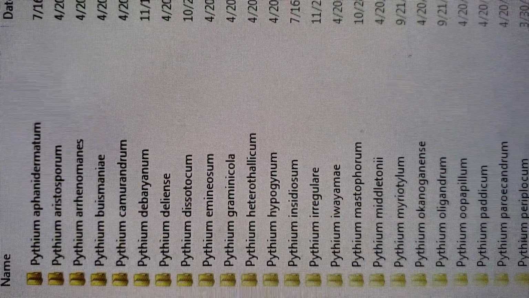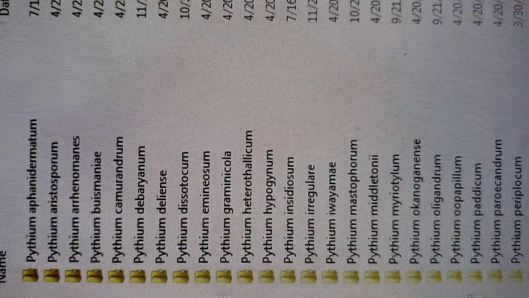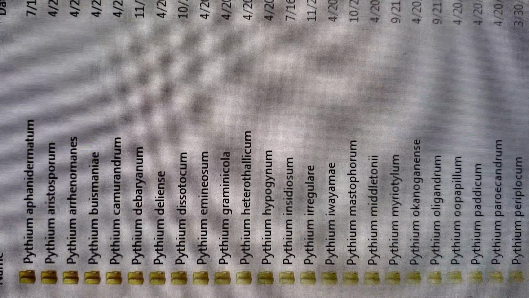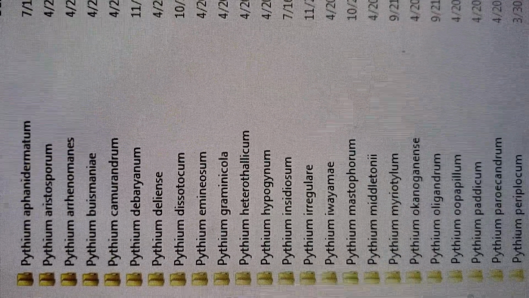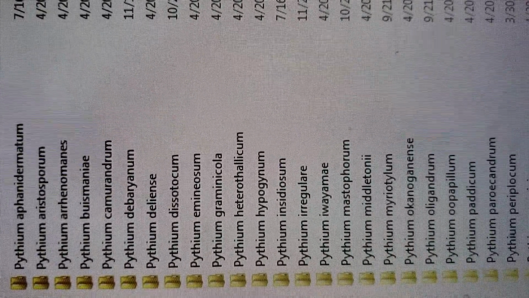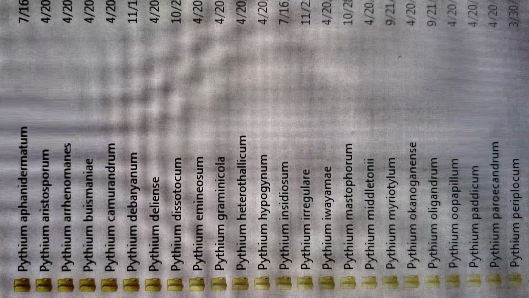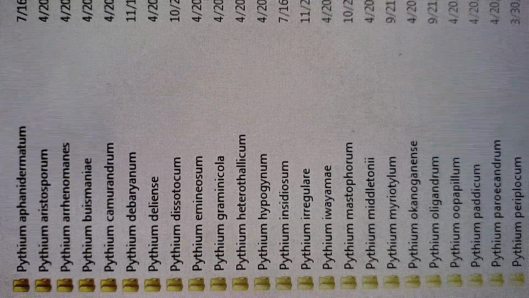So the problem that you end up with is that you've got multiple different infections that can look very similar, but you don't know exactly what the species is. A small sample of some of the many Pythium species out there: Aphanidermatum, Aristosporum, Arrhenomanes, Buismaniae, Camarandrum, Debaryanum, Deliense, Dissotocum, Graminicola, Heterothallicum, Hypogynum, Insidiosum, Irregulare, Iwayamai, Myriotylum, and others.